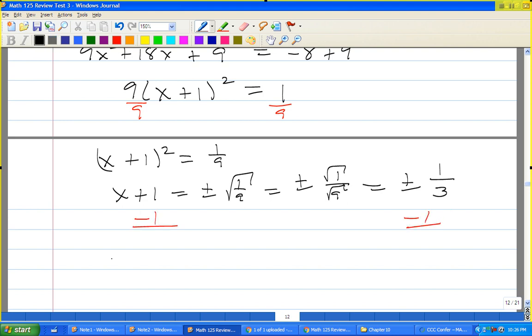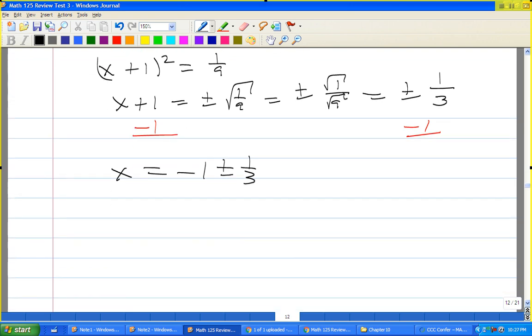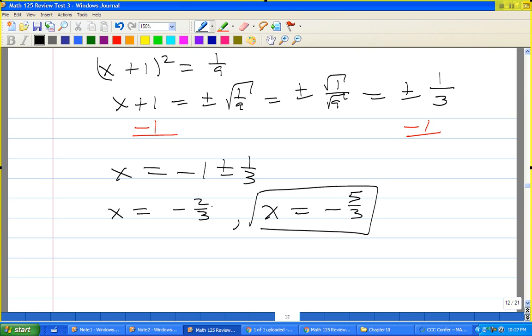And so I get x is equal to negative 1 plus or minus 1/3. And so let's evaluate this. So negative 1 plus 1/3 is negative 2/3. Negative 1 minus 1/3 is minus 5/3. Any questions about that?